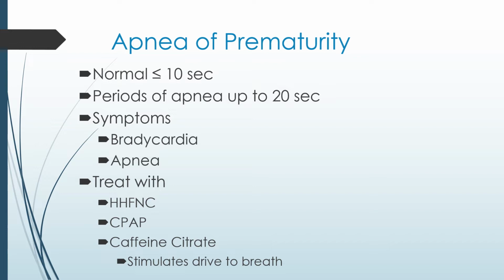If they have apnea and bradycardia, usually their saturation will drop, their heart rate will drop, and then they're going to have what's called an A, B, and D episode, apnea, brady, desaturation, right?